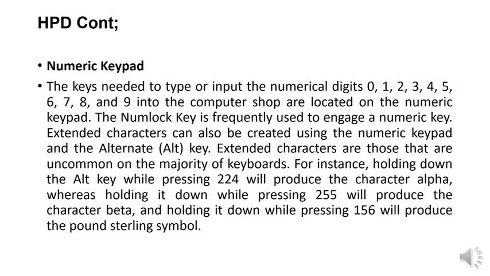Extended characters are those that are uncommon on the majority of keys. For instance, holding down the Alt key while pressing 224 will produce the character alpha, holding it down while pressing 255 will produce the character beta, and holding it down while pressing 156 will produce the pound sterling symbol.